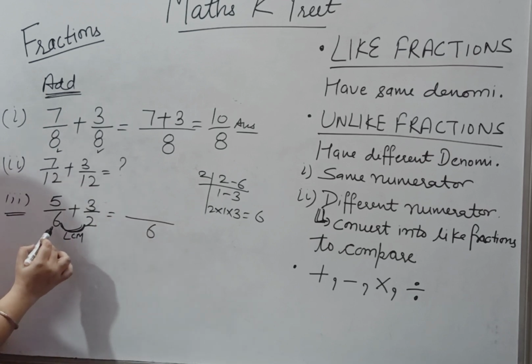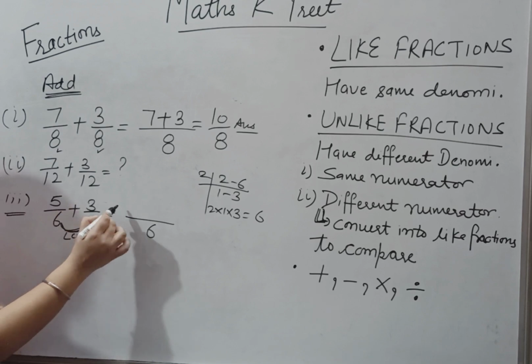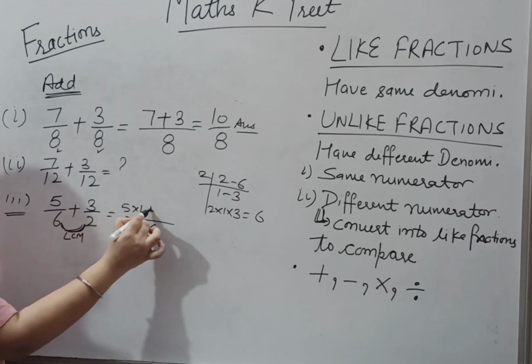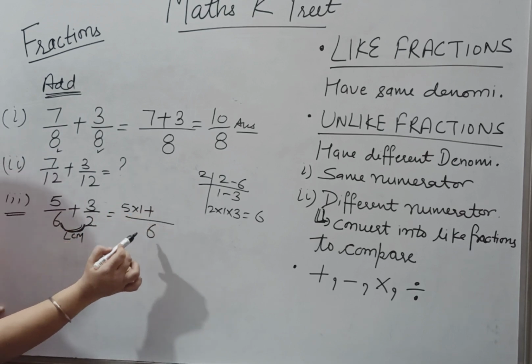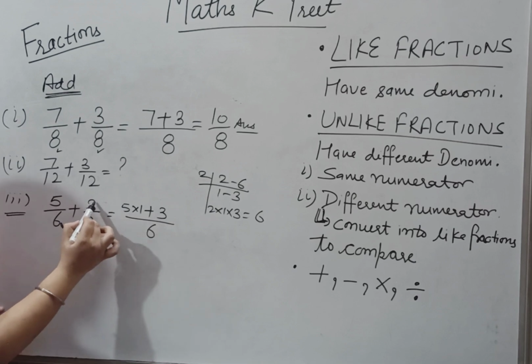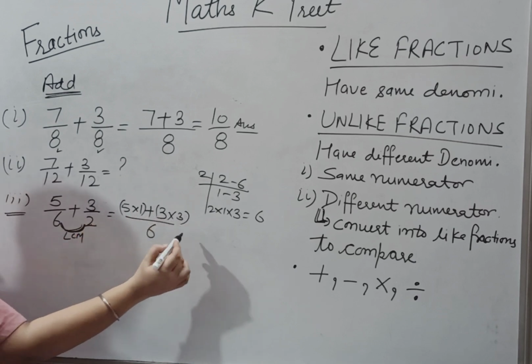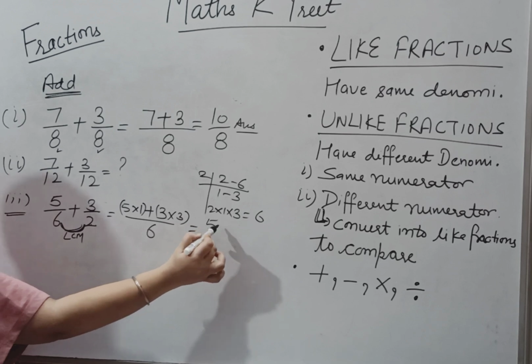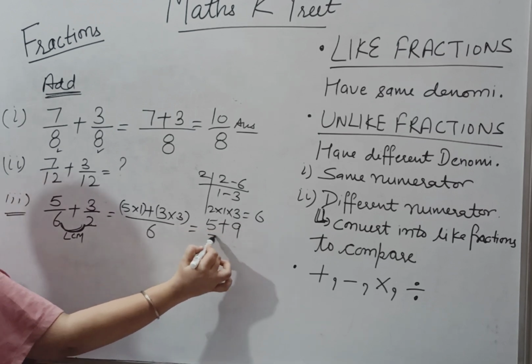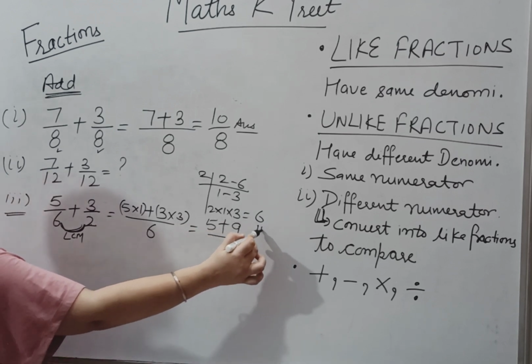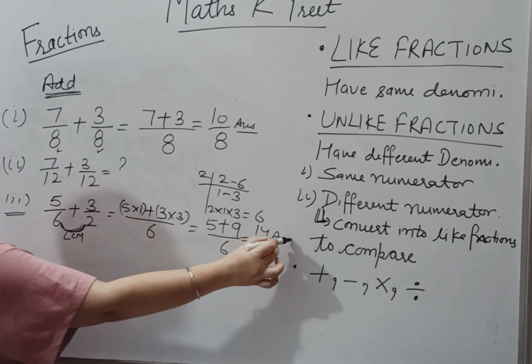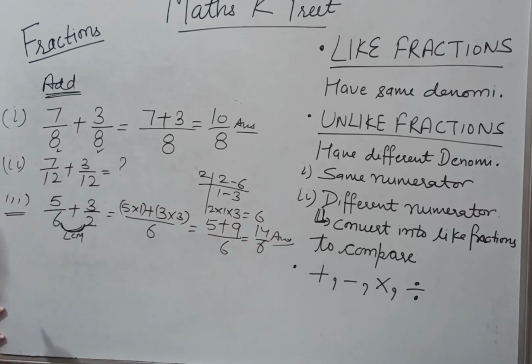We will cancel out 6: 6 ones are 6, that 1 will be multiplied here. 2 threes are 6, that 3 will be multiplied with this 3. Fine. So this is equal to what? 5 plus 9 by 6, that is 14 by 6, the answer for this addition.